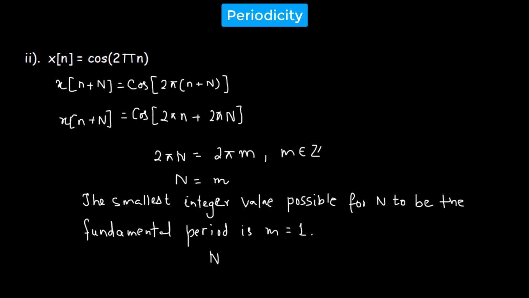So that gives us N, the fundamental period, equal to 1, which implies that the fundamental frequency f naught, which is 1 over N naught, equals 1 over N, which is 1. So the fundamental frequency is 1 sample per second. So this is a periodic function having a period of 1.